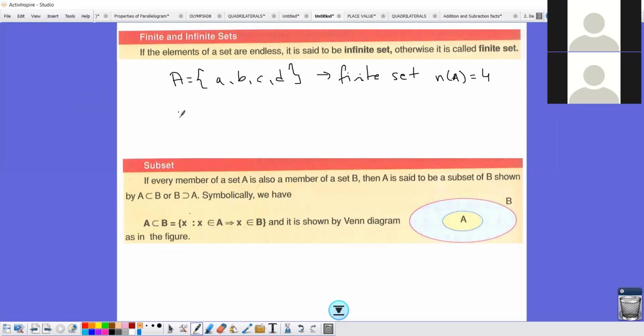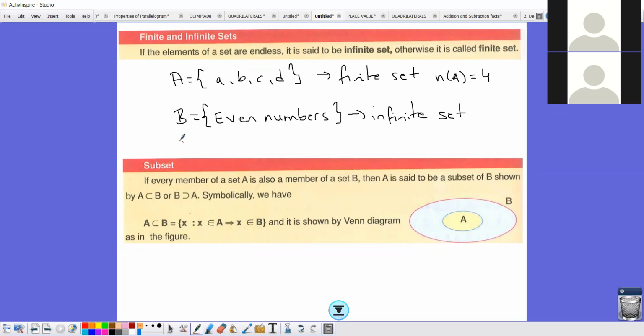If I say B is the set of even numbers, it will be infinite because we don't have any boundary there. I have infinitely many even numbers, so this is an infinite set.